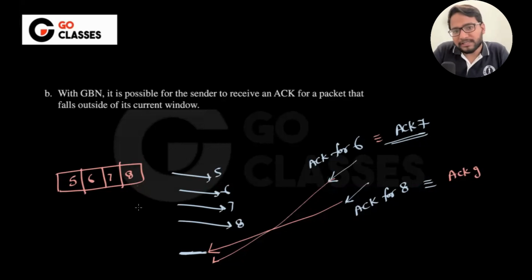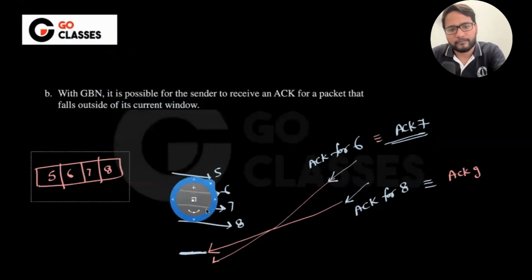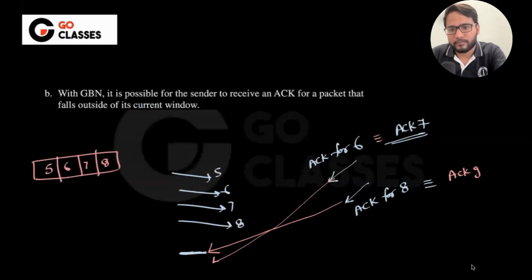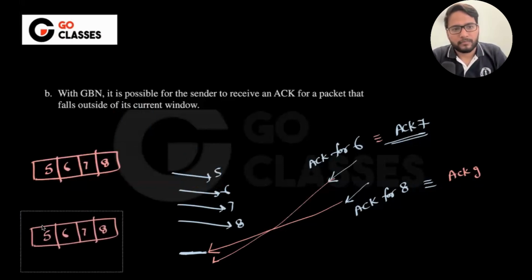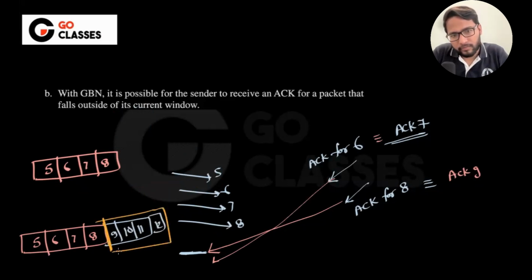So the moment you receive the ACK for 8, you will immediately shift your window. Your window is 5, 6, 7, 8, but you immediately shift your window beyond 8. So this 8 will be outside the window, right? So your new window will be 9, 10, 11, 12, isn't it?